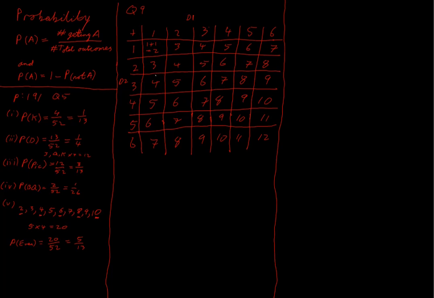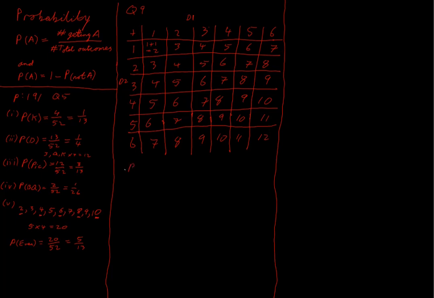Now, let's have a look at the questions they ask you in question 9. 2 unbiased dice are thrown. Using the sample space, find the probability that the total is 10. So the total is what I have written in my sample space here. These are my outcomes, these are my totals. So I have a total of 36 possible outcomes.